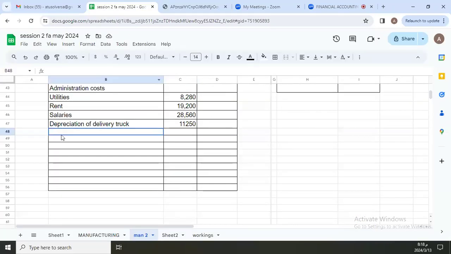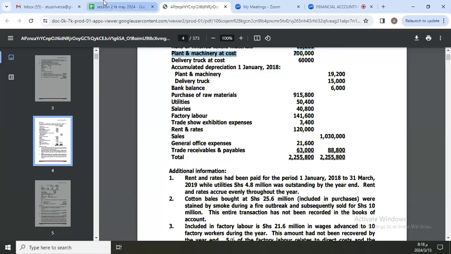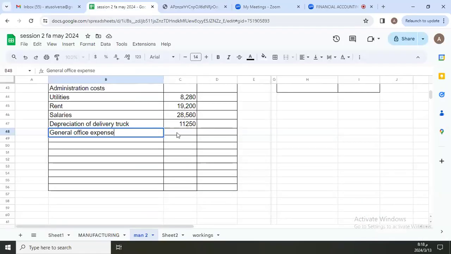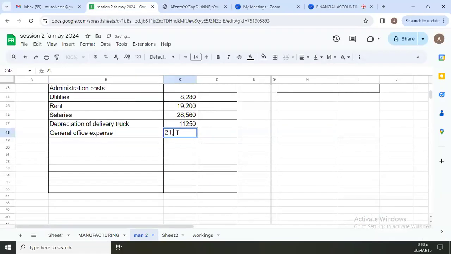So we come and write here general office expense. This is how much? 21,600. Come here, we write 21,600. That one is done.